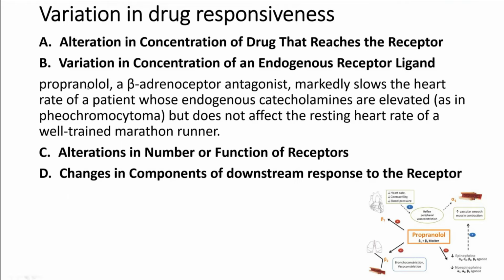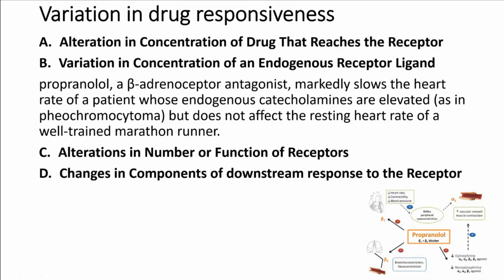The second one, variation in concentration of the endogenous receptor ligand. What if you're taking Narcan because you had an opioid toxicity event or overdose, and you're an athlete, and your body happens to express and synthesize a lot of endorphins, let's say 10 times the amount of endorphins.